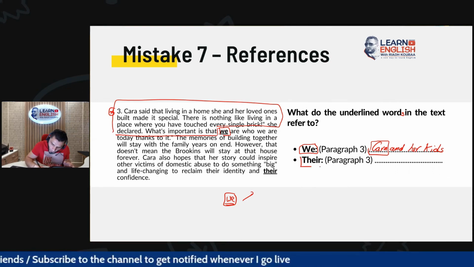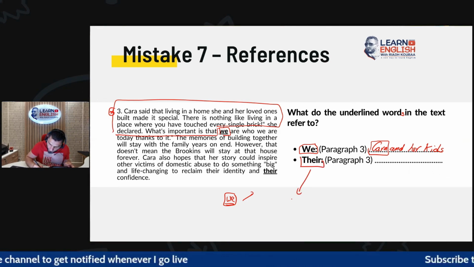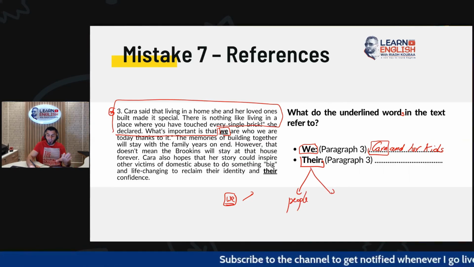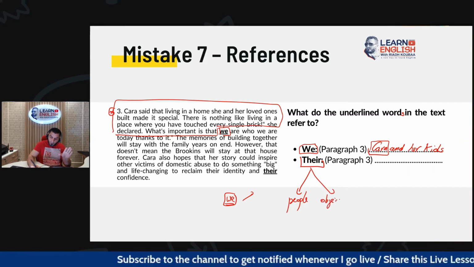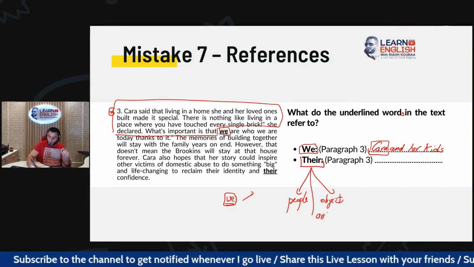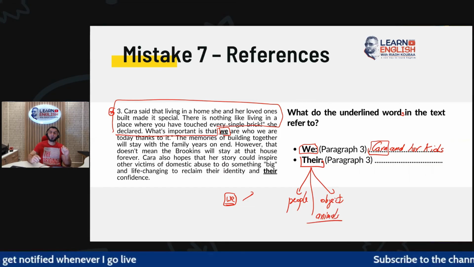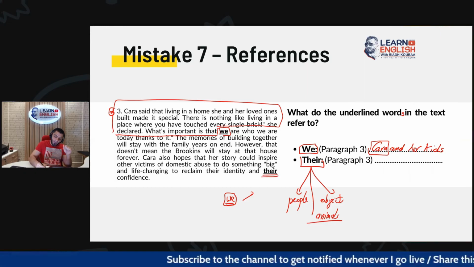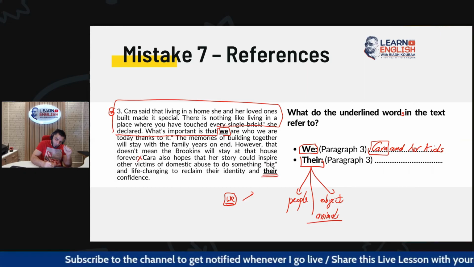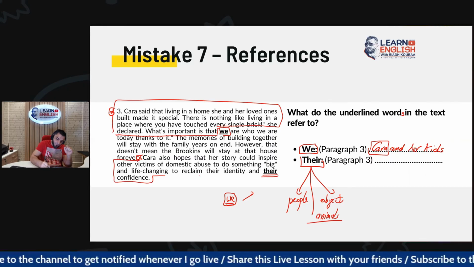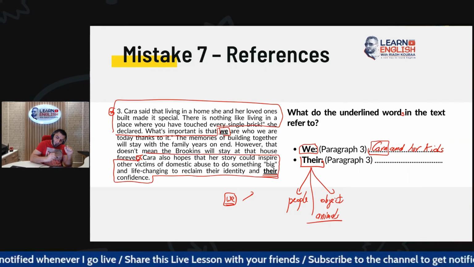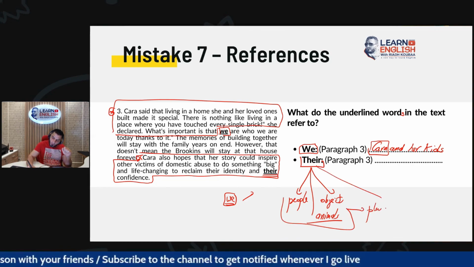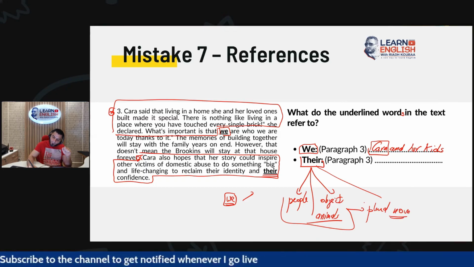For the second one, there, it can refer to people. Generally, this is people, objects, or animals. So you see, I have to read before that. So let's read from this sentence here, and I have to find a plural noun. Very good.